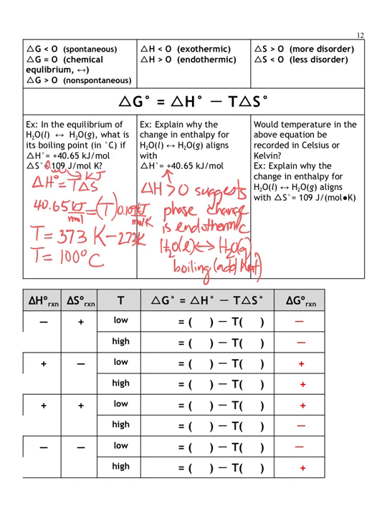Now it's going to be about entropy. Would the temperature in the above equation be recorded in Celsius or Kelvin? It is dependent on what the S is. So if the S is in Kelvin here, I would expect the problem to be in Kelvin. But if this value was switched to degrees Celsius, then it would be degrees Celsius.